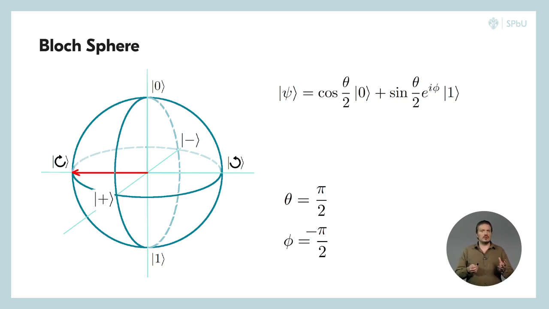It is useful not only for representing the states, but also for representing the evolution of the states caused by the action of various unitary operators. We will briefly discuss this next week. For now, it is important to understand that this instrument, the Bloch sphere, is applicable not only to photons, but to any quantum system with two states, or two-level system.